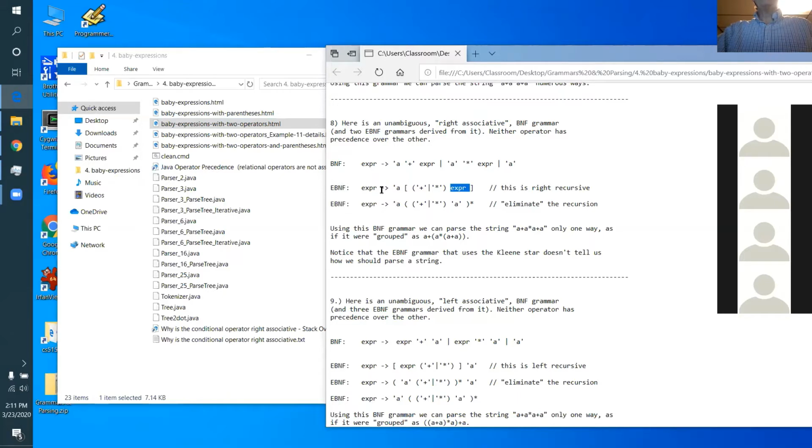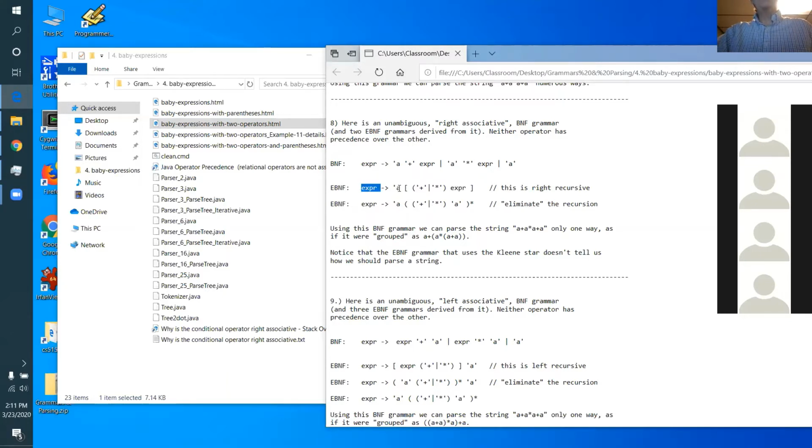So writing the code would be: get an A, then if there are more tokens, get a plus or a multiplication, one or the other, and then you recursively get another expression.